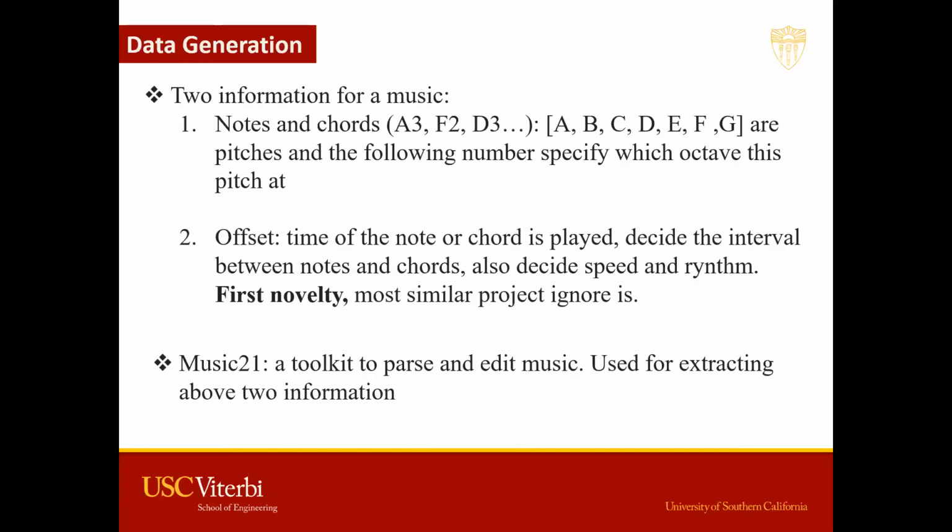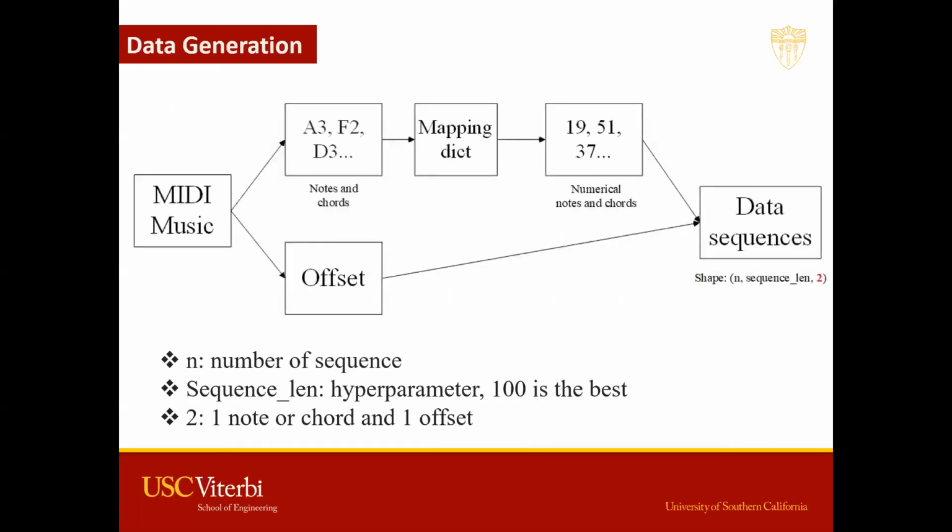We are using the toolkit Music21 to extract the above two pieces of information. Here is the overview of the data flow of our data generation. First of all, we extract notes and offsets from the MIDI file and map the notes to their numerical counterparts. Then we concatenate these notes with offsets to form our data sequence.